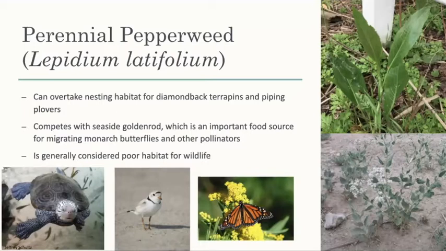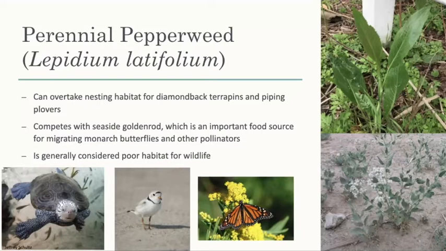Perennial pepperweed is an invasive weed. It's currently, as far as we know, only occurring at West Meadow Beach and Flax Pond in the nearby vicinity. It spreads quickly throughout sandy habitats. It can grow in shade.